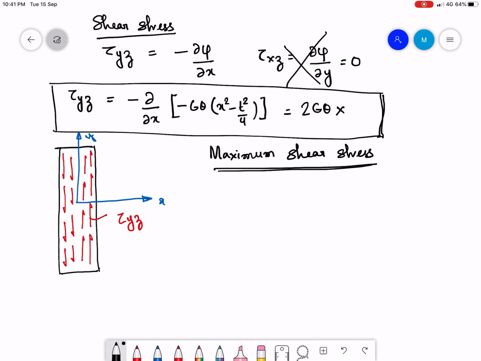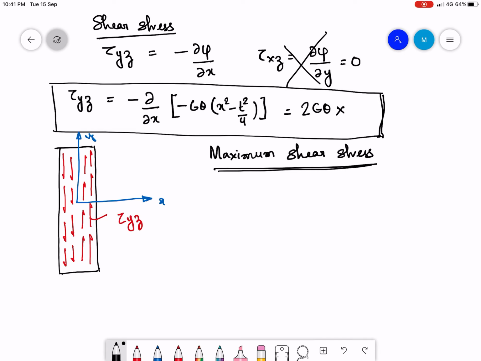Now, we know from membrane analogy that the maximum shear stress on a cross section is going to be at a point where the analogous membrane has the maximum slope of deformation. Okay.